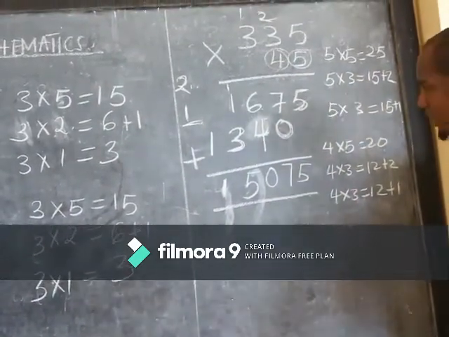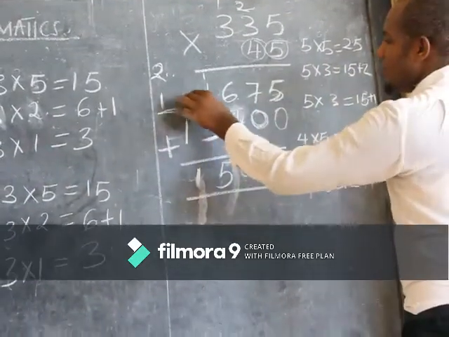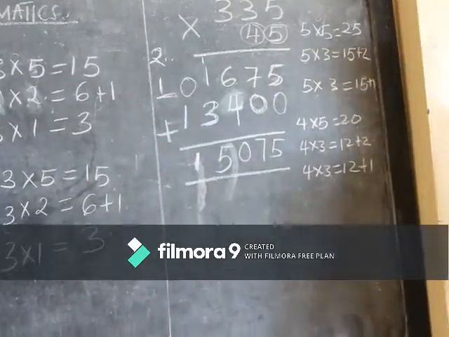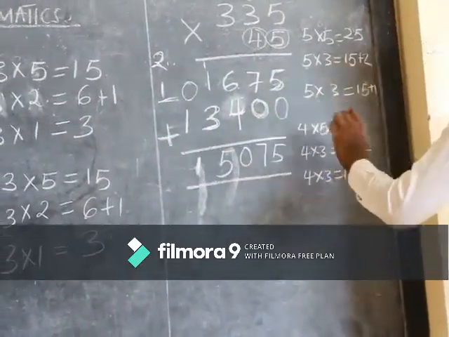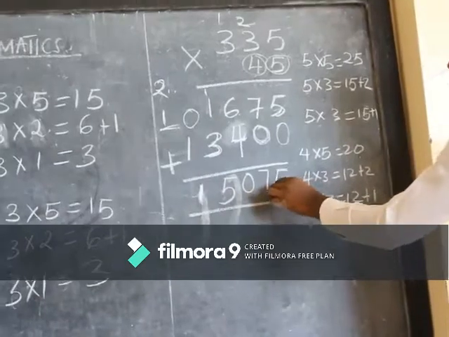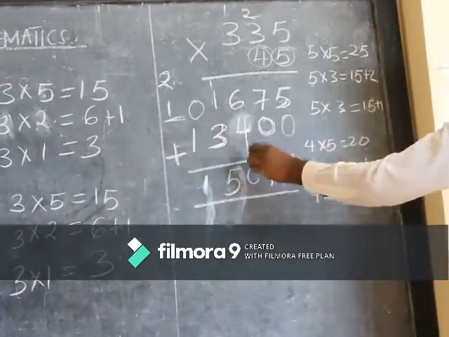My good pupil, remember here I told you that we assume that this is 0 and also this one is 0. So let's do addition now. 5 plus 0, 5. 7 plus 0, 7. 6 plus 4, 10.